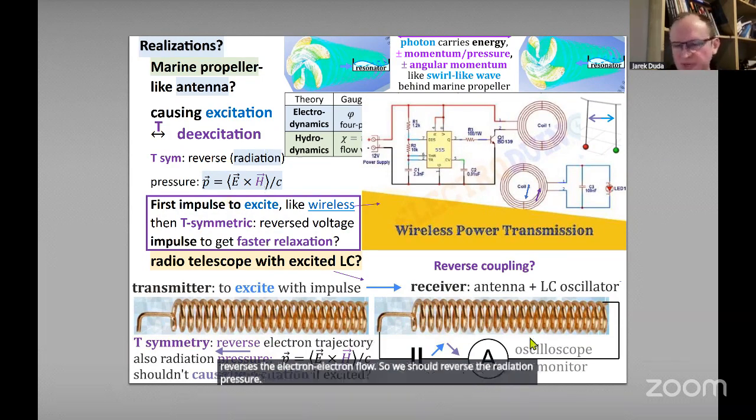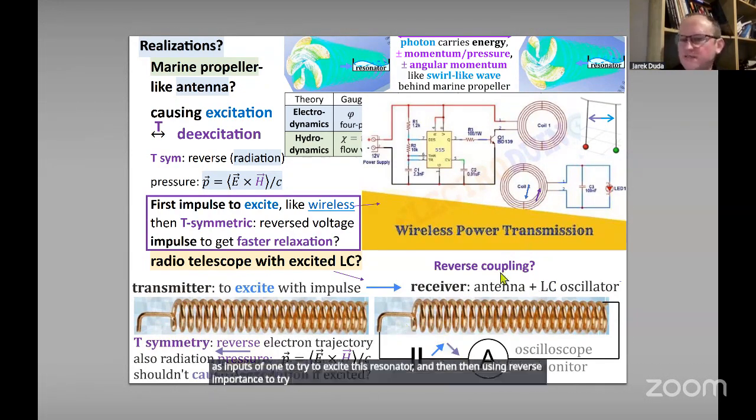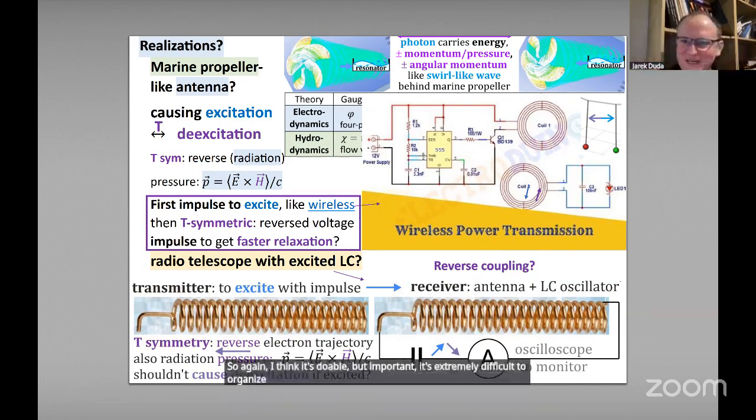So the basic test, I think, is just using one impulse to try to excite this resonator, and then using a reverse impulse to try to de-excite it, to drain energy from this antenna. So again, I think it's doable, but in Poland it's extremely difficult to organize anything. So I wasn't able to.